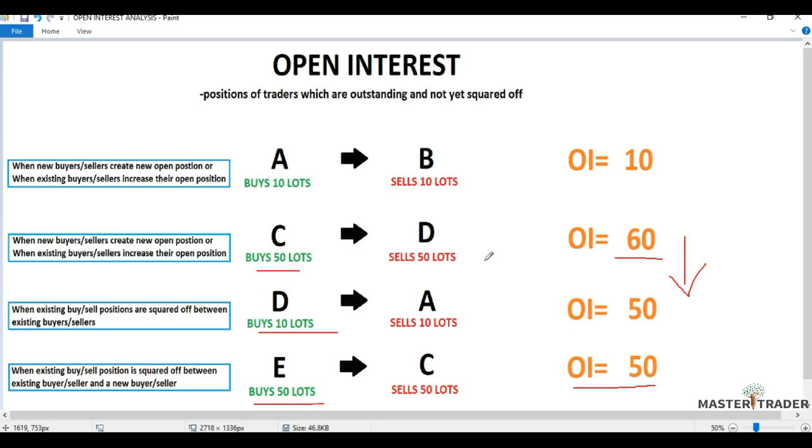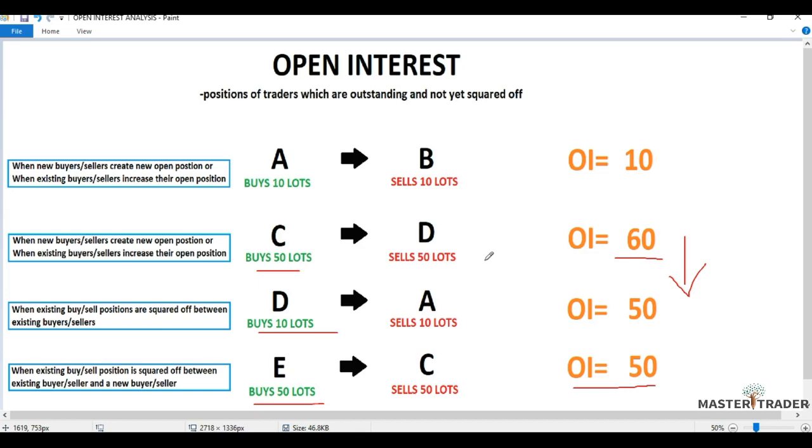Open interest, if used individually, is quite risky, because it does not give you the entire picture. If there's a lot of buildup of open interest in a particular stock, is it bullish for the stock? Is it bearish for the stock? All of that is quite subjective.